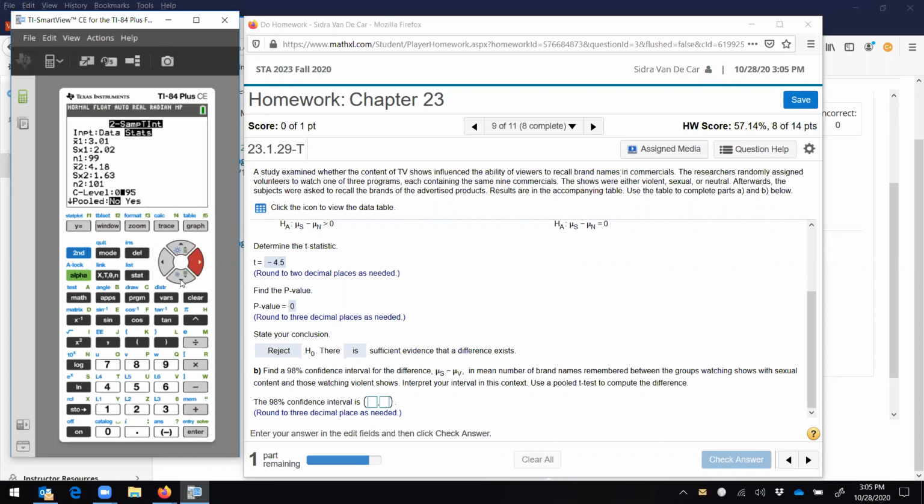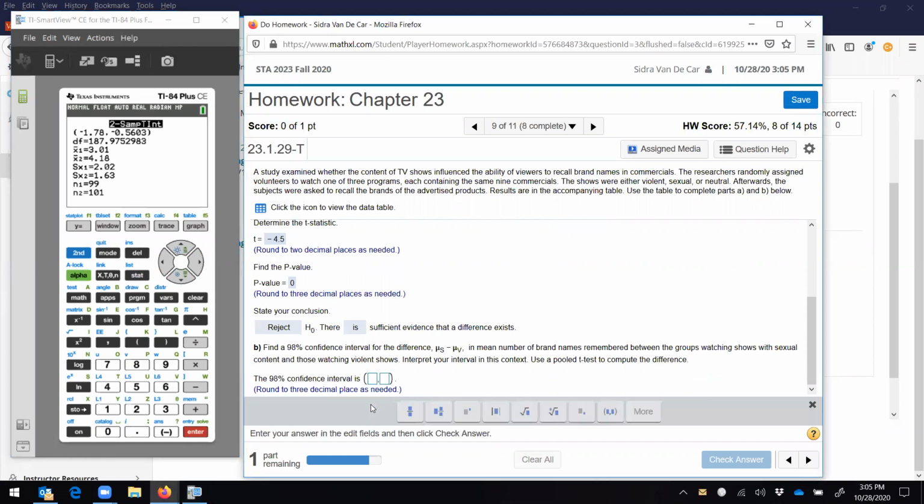But we want a 98% confidence interval. So negative 1.78. Negative 0.056.